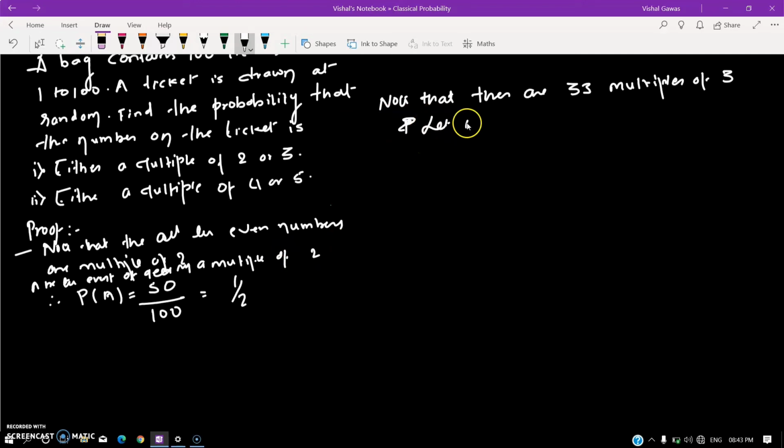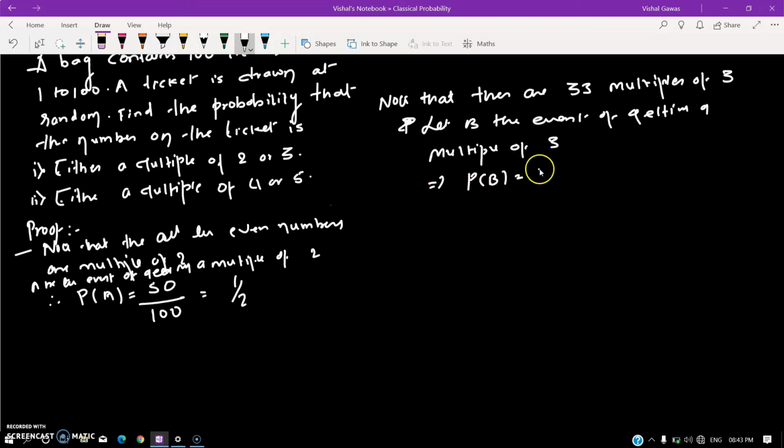Let B be the event of getting a multiple of 3. This implies that the probability of B would be exactly 33 over 100.